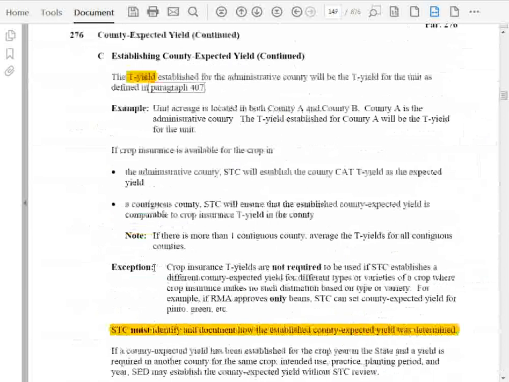As we mentioned before, the county expected yield is also referred to as the T yield. As we get into the APH process, which is how we establish the producer's expected yields, we're going to use the phrase T yield in place of county average pretty often. When the state committee is establishing those yields, they're going to want to look to see if crop insurance is available on that crop anywhere within the state.